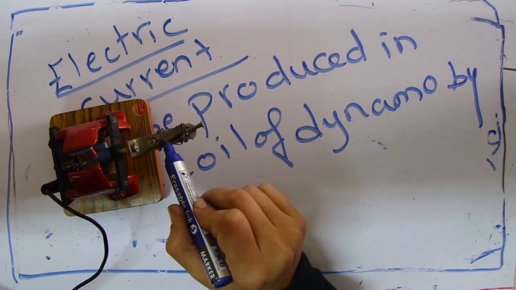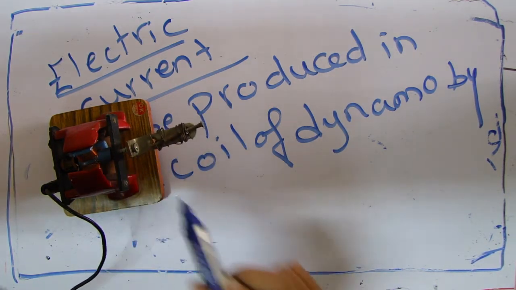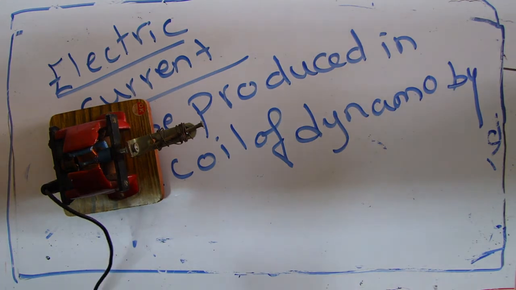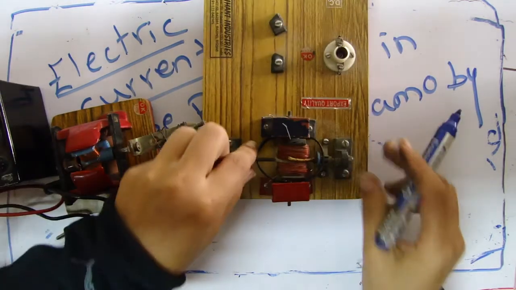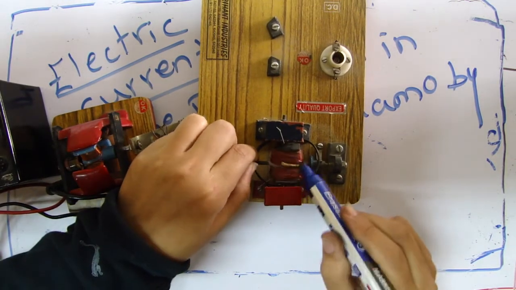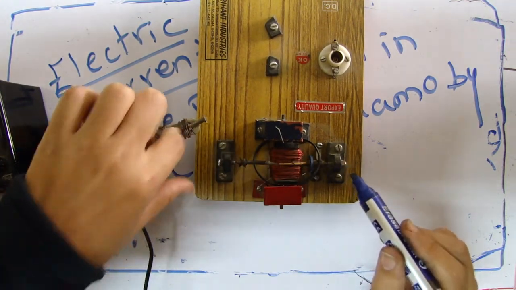So moving the magnet inside the coil or moving the coil inside the magnet, as shown here in the instrument with this tool down here.